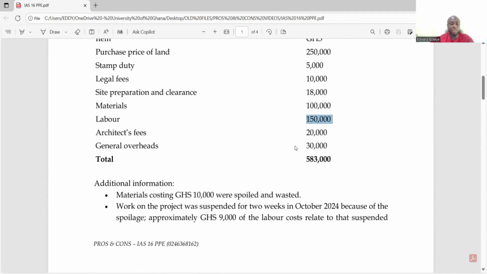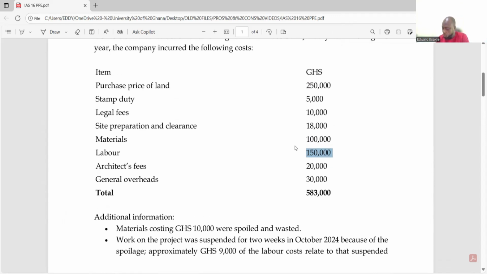So let's try and add these together. 250,000 plus 5,000 plus 10,000 plus 18,000 plus 100,000. But from this 100,000, we will take 10,000 out, so minus 10,000. Then plus 20,000.